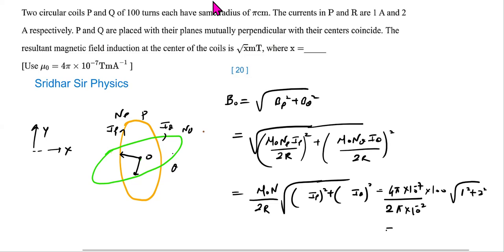Pi will get cancelled out, the 2 also gets cancelled, and we get 10 to the power of minus 5 times 10 to the power of minus 3.